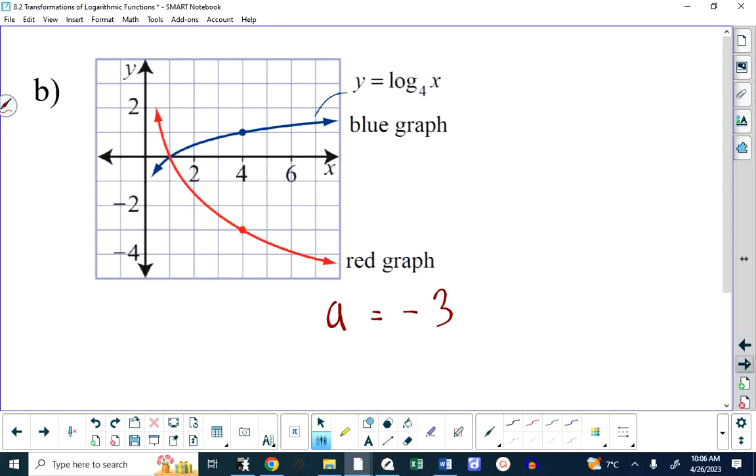If I just gave you those two graphs and I said, what is the value of A? You would say A is negative because there's a vertical reflection, and that blue point, if we reflect it vertically and then stretch it vertically by a factor of 3, will take us to the new point, which means the new function is y equals -3 log base 4 of x. Any questions with B?